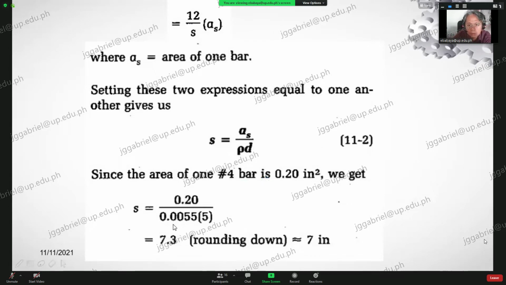So spacing would be 7.3. Now, we've mentioned that if we want to be conservative, of course, we will always be conservative so that our structure is safer. So what you computed was 7.3. So we will round it down, become 7 inches.